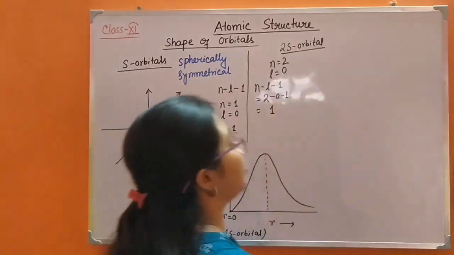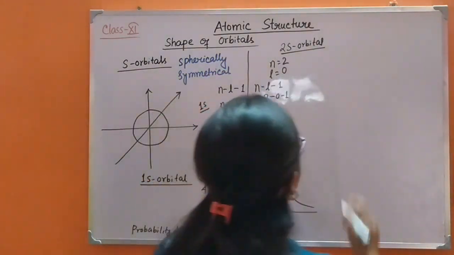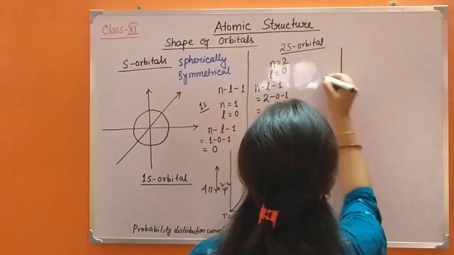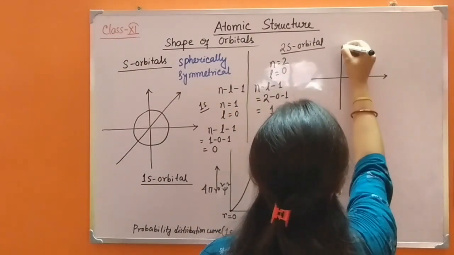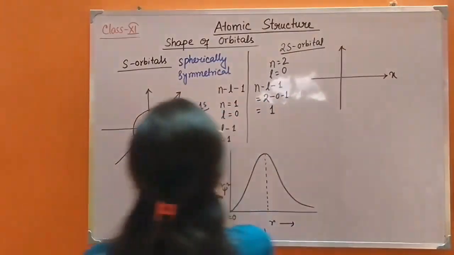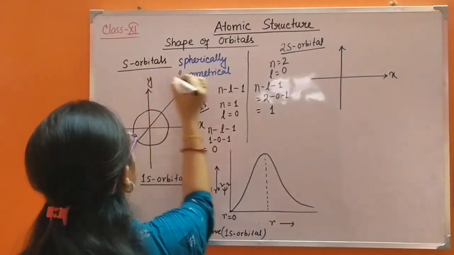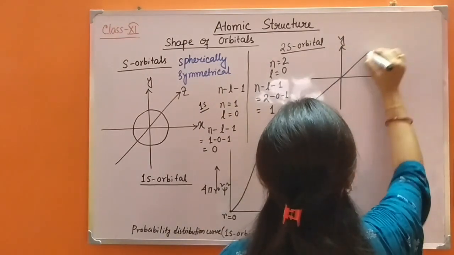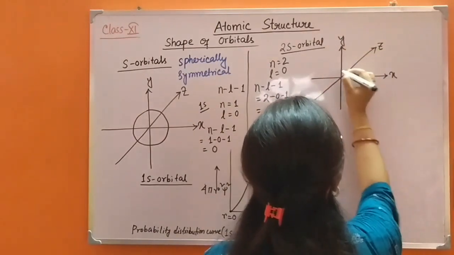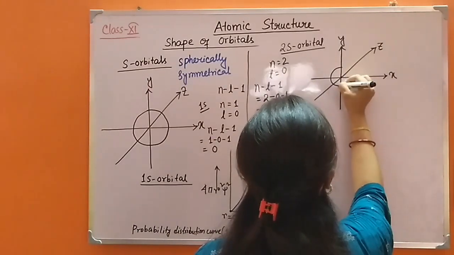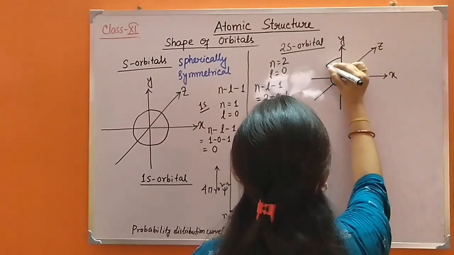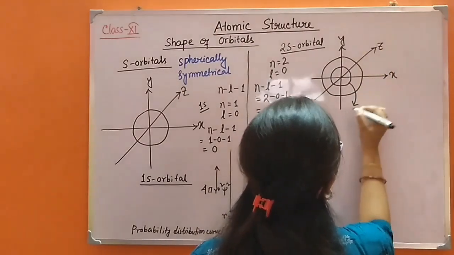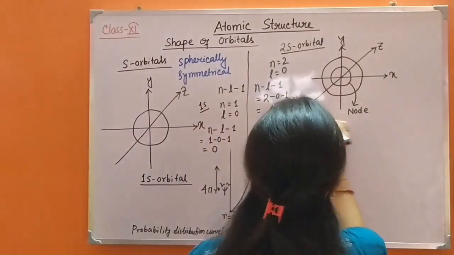So, 2s orbital contains one node, and the shape of the orbital is here, with this x-axis, y-axis and z-axis. This is one node present in the 2s orbital.